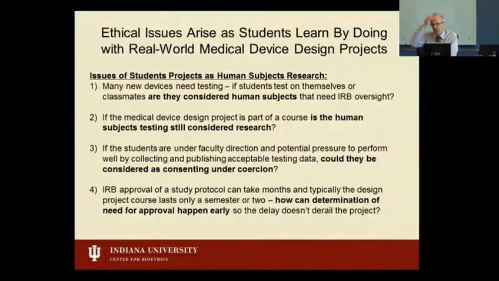So how can we determine early if it's going to need approval, particularly during that previous year, their junior year, third year, when they're coming up with the projects? Can we have some way to help them determine that and get a protocol approved for testing before they go into their senior year?